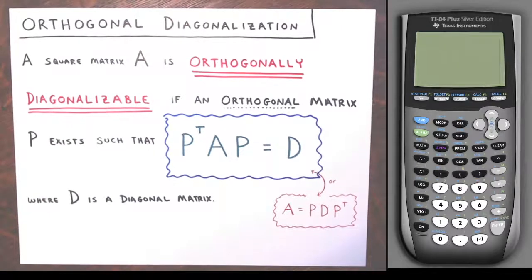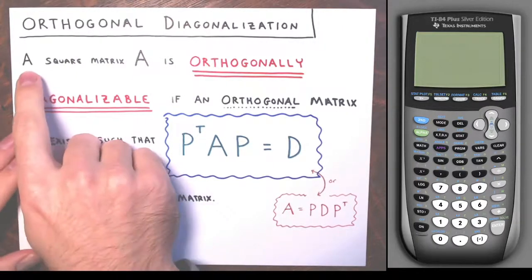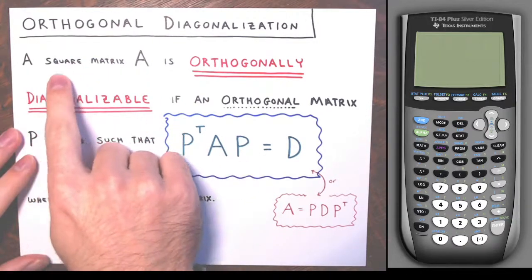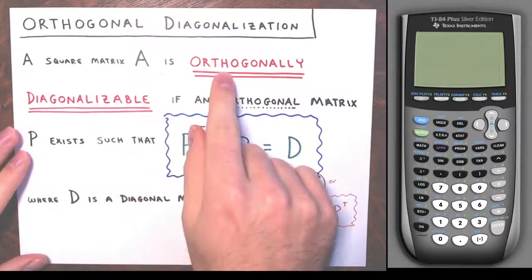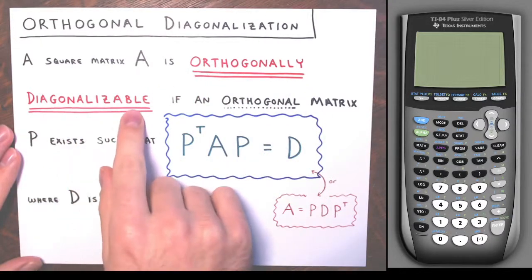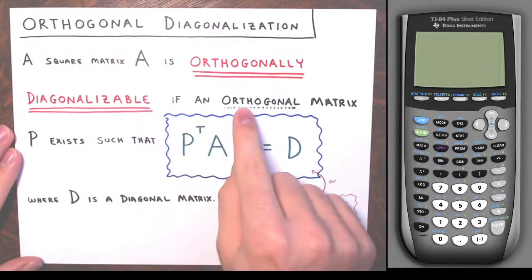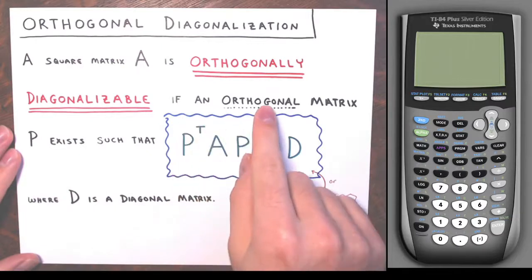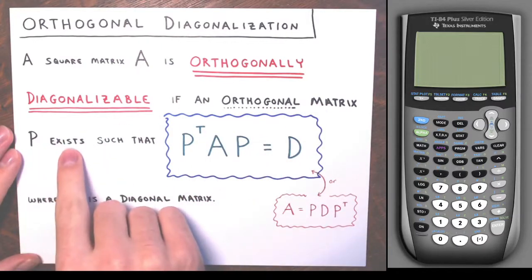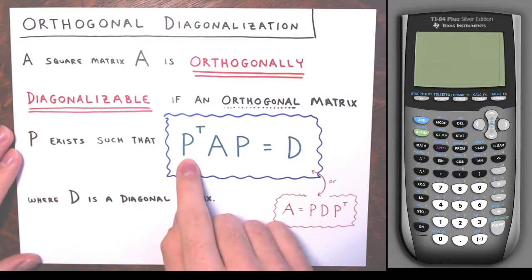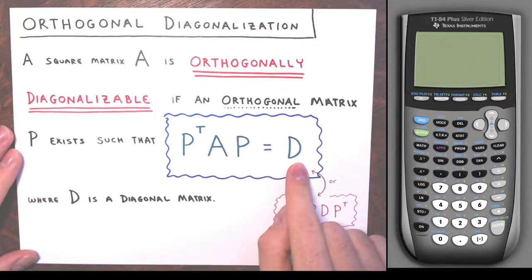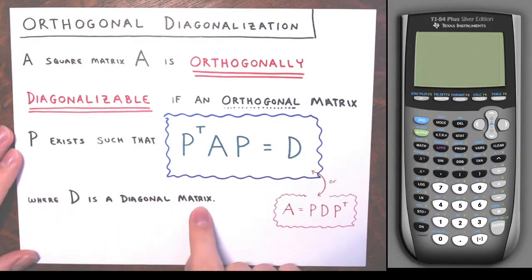So orthogonal diagonalization. A square matrix A is orthogonally diagonalizable if an orthogonal matrix, which I'll call P, exists such that P transpose times A times P is equal to D, where D is a diagonal matrix.